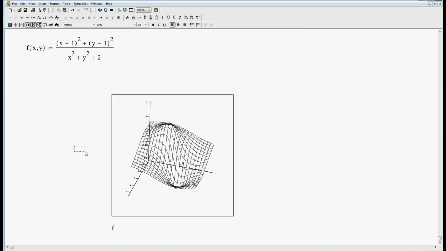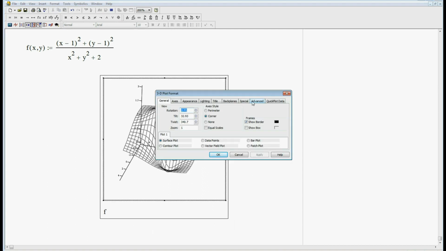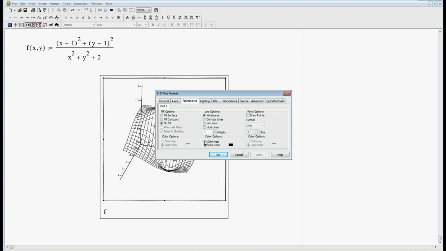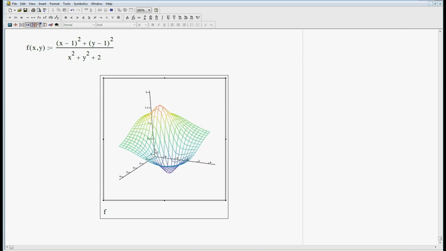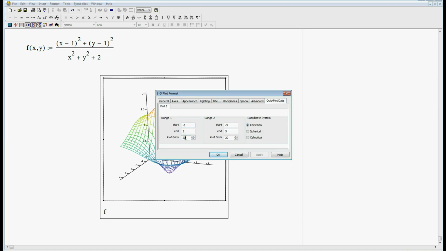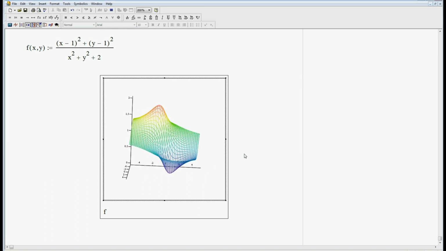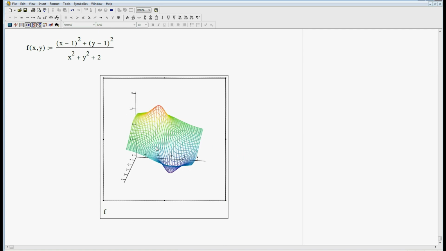It's a little rough. We can clean this up a little bit, make it a little more easy to look at. So let's go to Appearance, turn on the color map, and hide lines. Oh, that's nice. That's better. It's still a little blocky though. Let's go in here, and instead of 20 points each way on the grid, let's make 40. There. So now we have a surface, okay? 2 independent variables, 1 dependent variable.